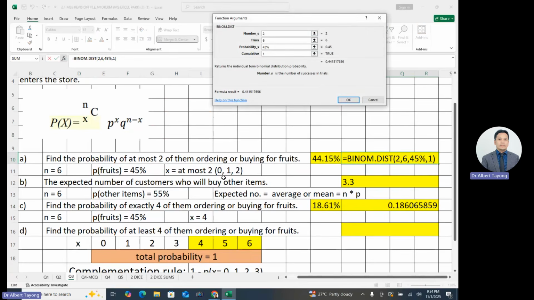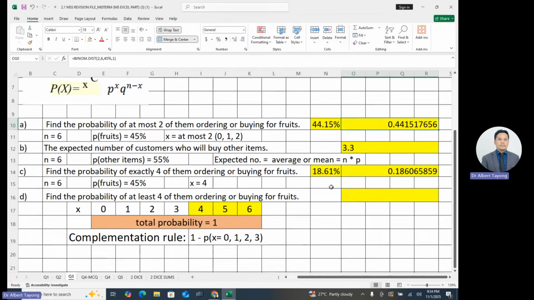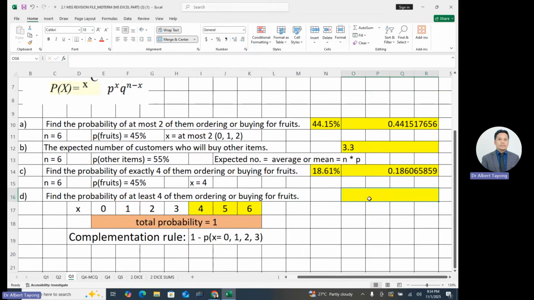So here it is going to calculate from 0 until 2. We're starting from 0. But if we apply it here, it will calculate from 0 to 6. So we have to use the complementation rule, 1 minus the opposite, to get this. Okay? Because as I said, the number of trials could be very large. It can be 1,000 or any value.